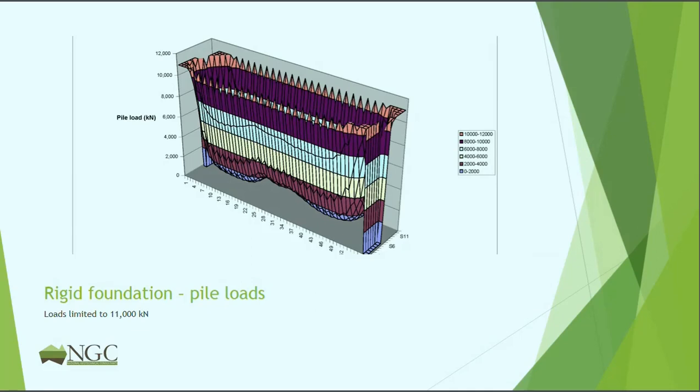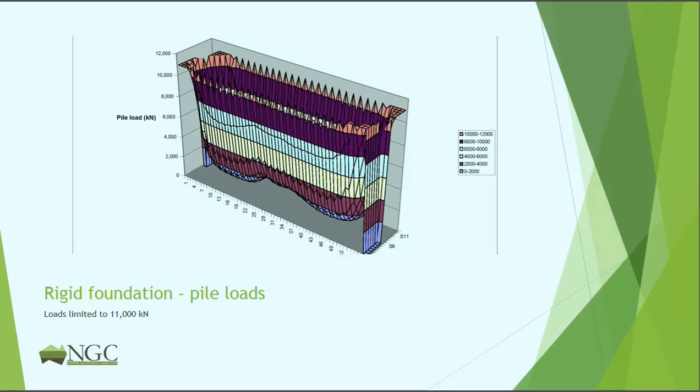And I ran a program called Piglet, which is a very simple program. It only allows you to choose either an infinitely rigid structure or a fully flexible structure, but it takes account of the soil flexibility, and it also takes account of the effect of the load from one pile being shed onto the next pile.